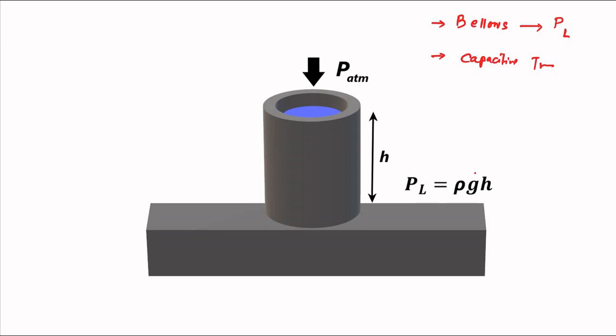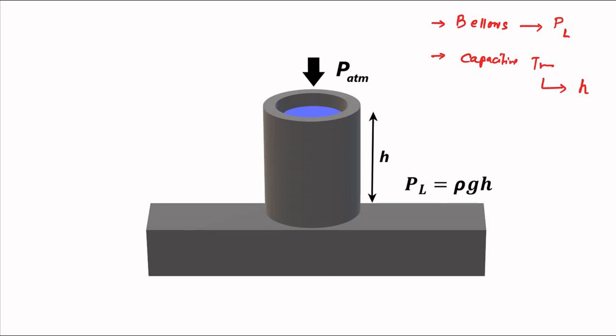Then we want to measure the height of the liquid column. That will be measured by the capacitive transducer. How? We will see that. Then when we have these two values, PL and h, and acceleration due to gravity is known, we can easily calculate the density through simple mathematical calculations. This is the basic operating principle.